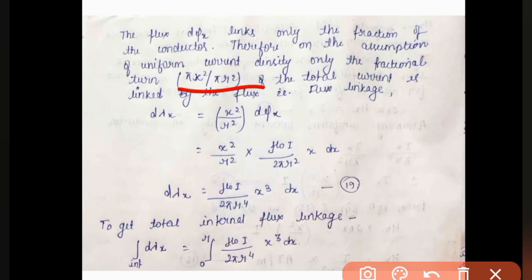Okay, now flux linkage. We know the flux, we found the flux. Now we move to the flux linkage.